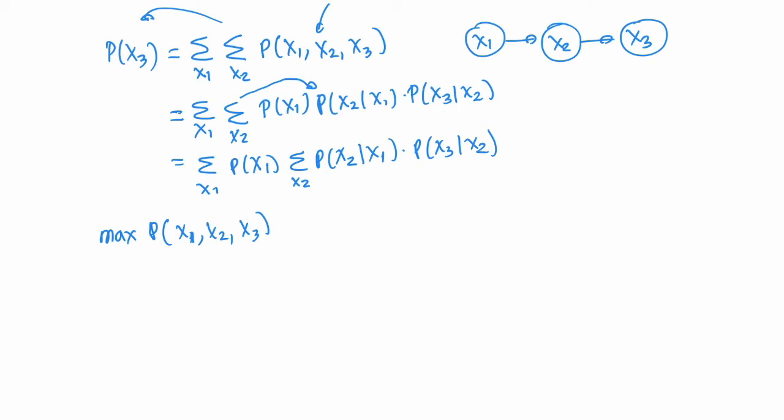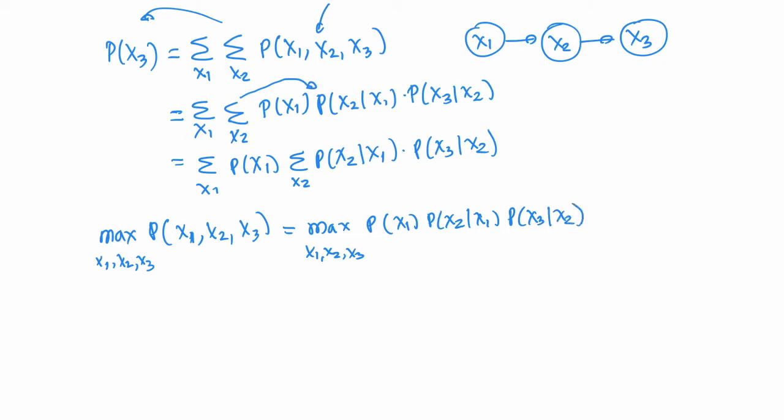And what we can do, again, is the maximum over x1, x2, x3. So we're going to find the row that has the maximum value. We can rewrite this as a max over x1, x2, x3 using the chain rule of the Bayesian network: p(x1), probability of x2 given x1, probability of x3 given x2, and that's it.